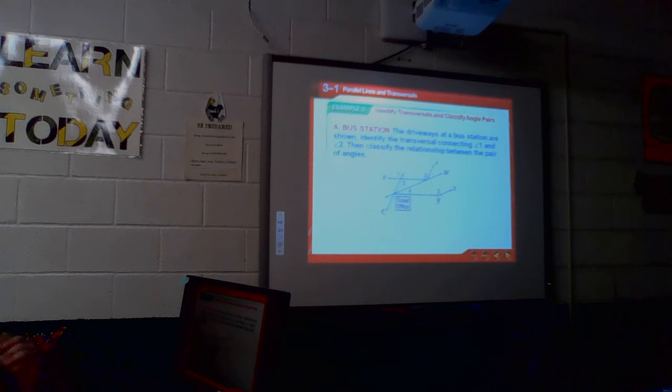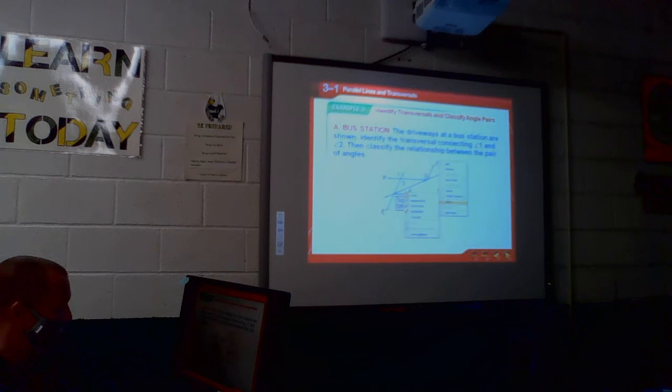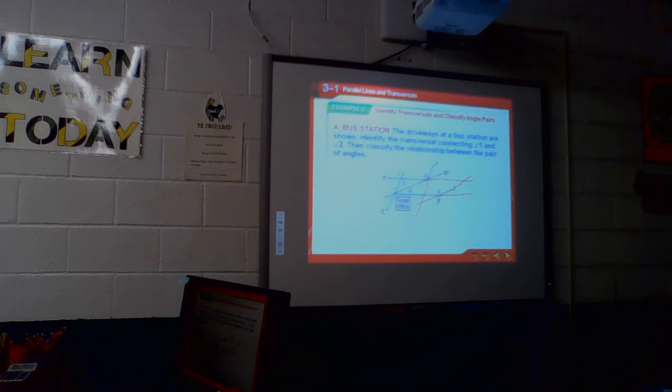So again, it might help in a case like this to do what? It might help to extend the lines, so you know what you're talking about here. Maybe that doesn't help. I don't know. So if I'm talking about this angle and this angle, what line hits both of those angles?